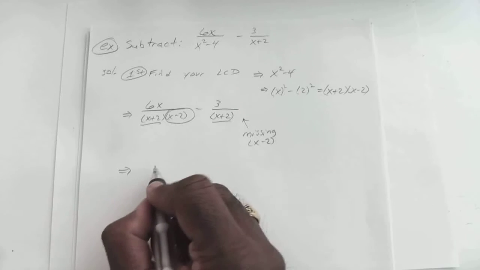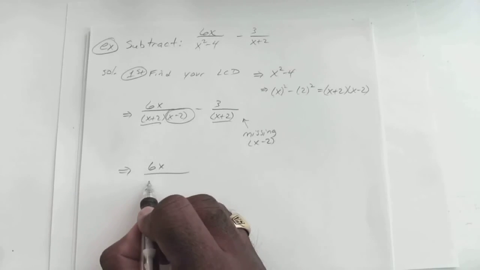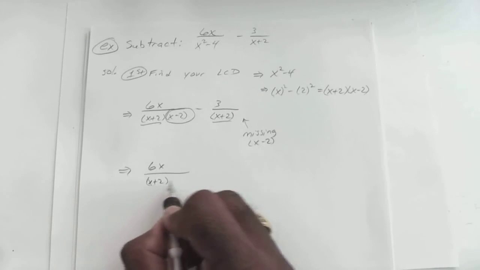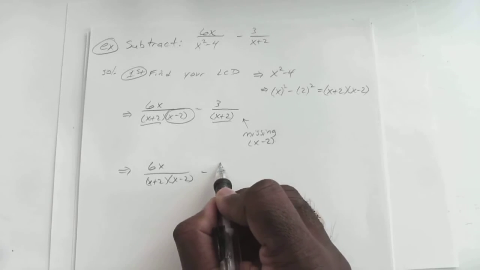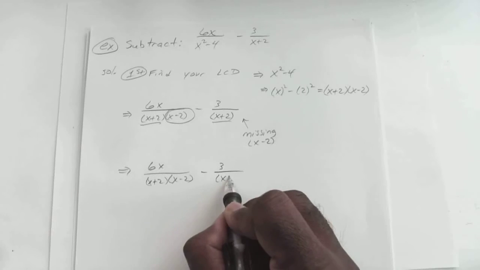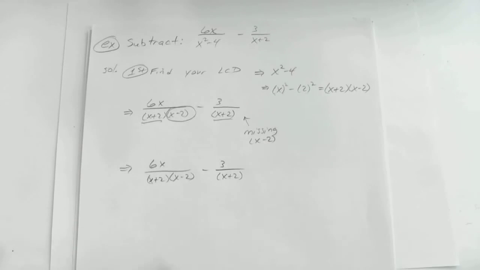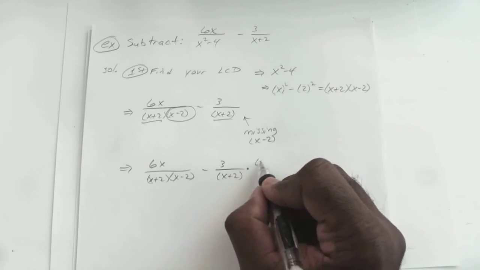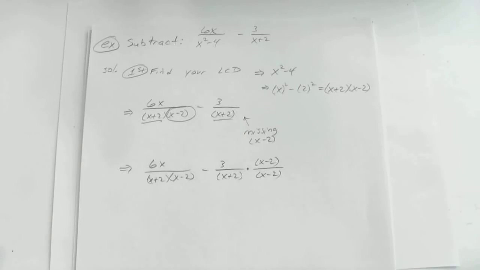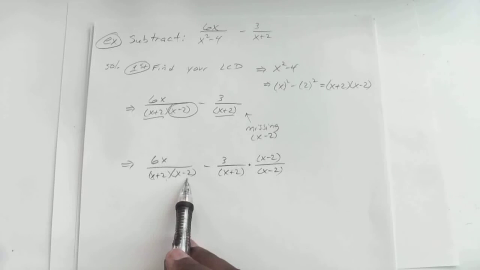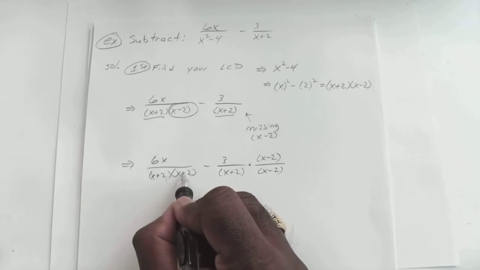Okay, so that means if you rewrite it, you have 6x over x plus 2 times x minus 2 minus 3 over x plus 2. You want to multiply them both by x minus 2 over x minus 2. So we have x plus 2, x minus 2, x plus 2, x minus 2.